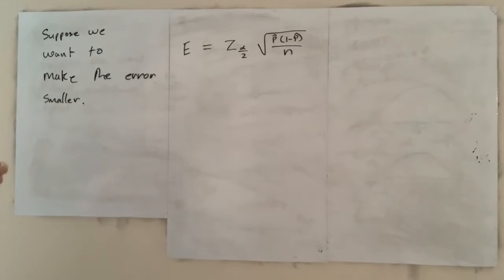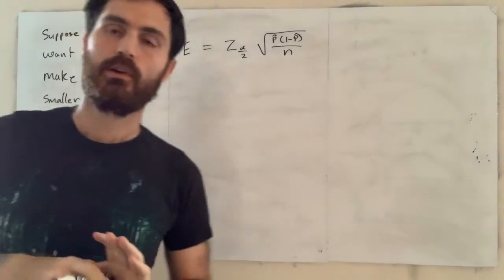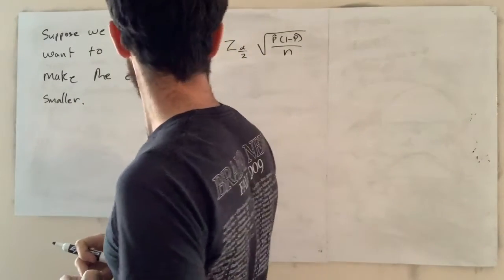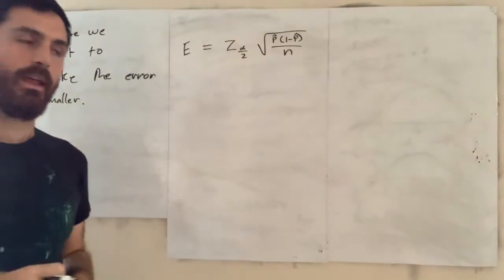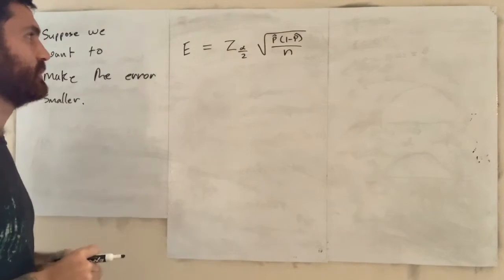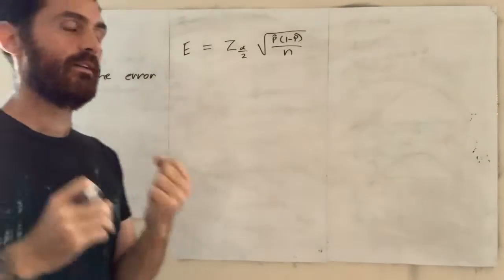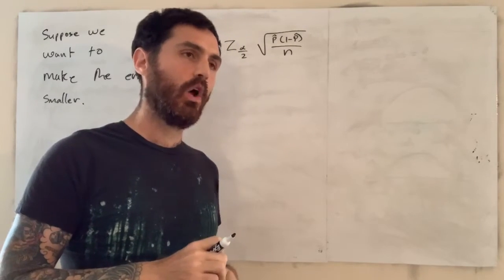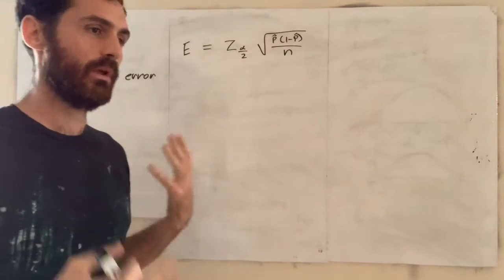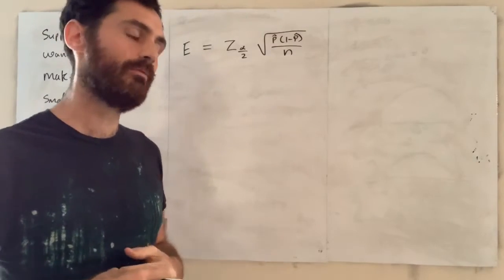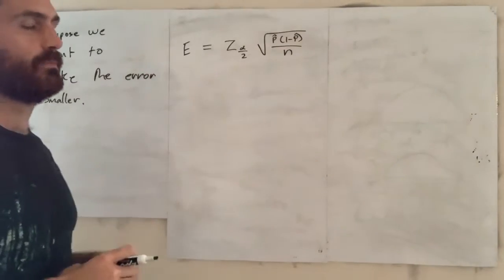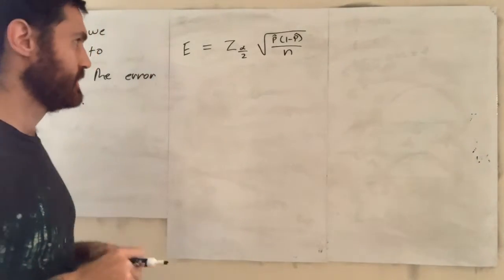Okay, the last thing for this section is suppose we want to make the error smaller. So in this sense, we're thinking of a problem like this in terms of suppose we're given a specific error, and maybe we don't like the error that we're given when we compute a certain confidence. And we'd like to make it smaller, so we'd like to affect it and change it in some way.